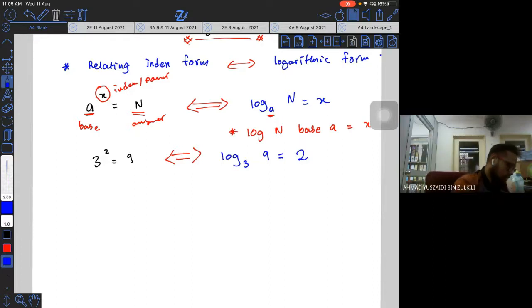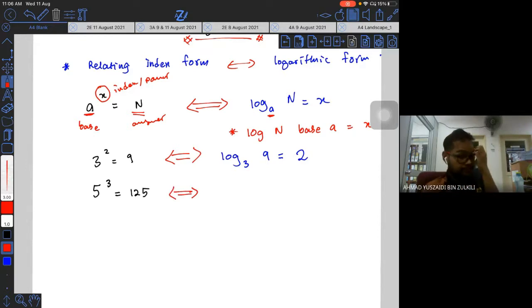So another one. 5 to the power of 3 equal to 125. Okay, this one. Anyone can answer. Can you change it into log form? 5 to the power of 3 equal to 125. Okay, in log form equal to what?